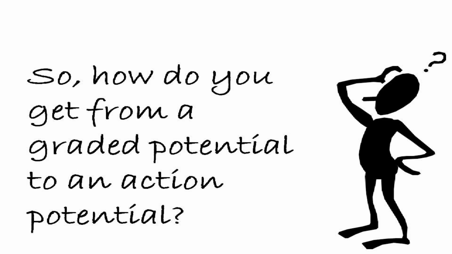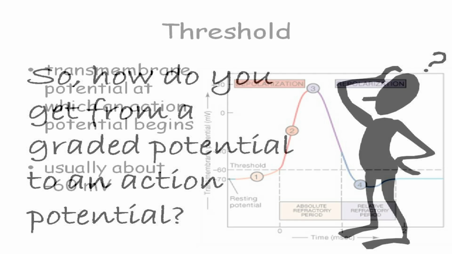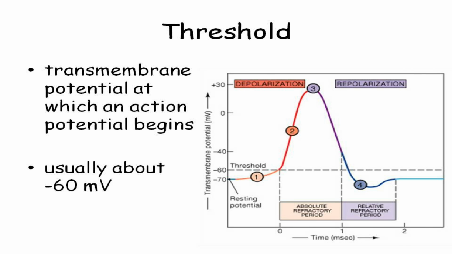So we kind of got the idea of graded potentials, right? Okay. All right. So how do you get an action potential from a graded potential? You have to get a graded potential strong enough to get the initial segment of the axon to depolarize to something called threshold.